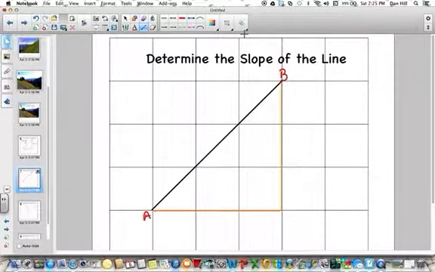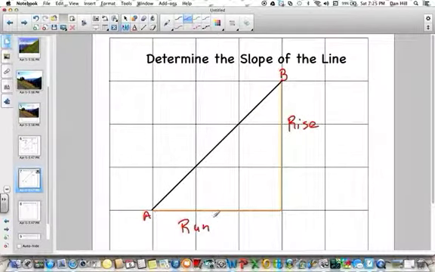If I start at B, I'm just going to label my rise and my run here. Rise goes up and down, and my run goes left to right. If I start at B, I'm going down 1, 2, 3.